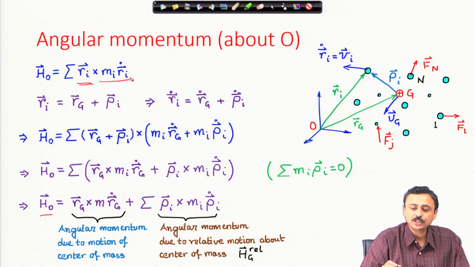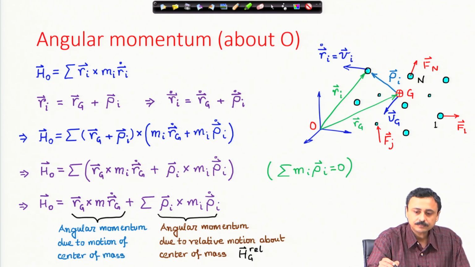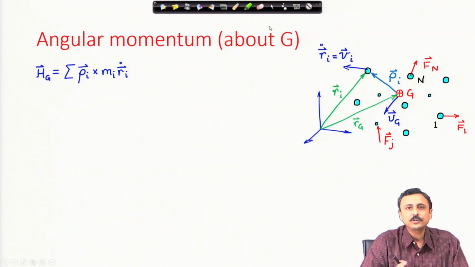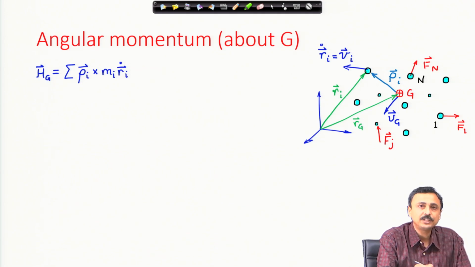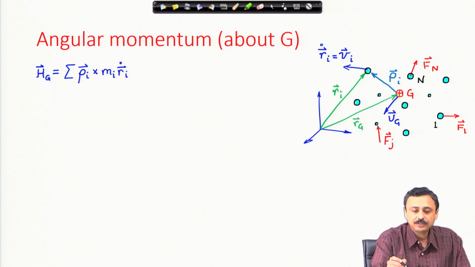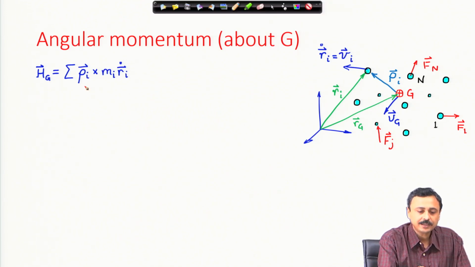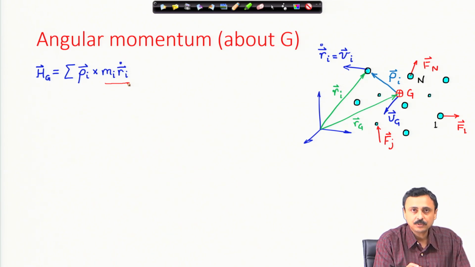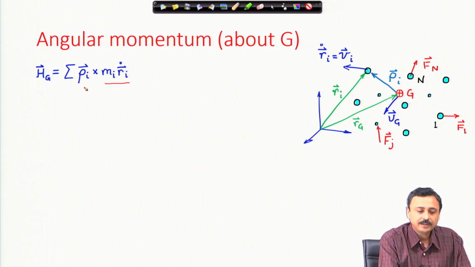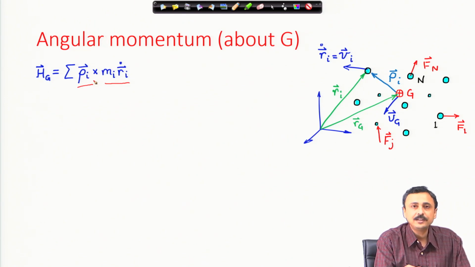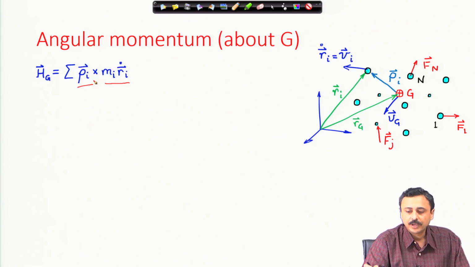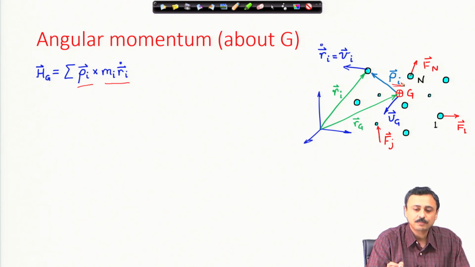So, the position vector was measured from O. Now, what we are doing is we are trying to find out the moment of linear momentum about the center of mass, so the angular momentum about the center of mass, and we will define it like this: we take the linear momentum of the ith particle and rho_i cross that linear momentum, and rho_i is nothing but this relative vector from the center of mass to the ith particle.